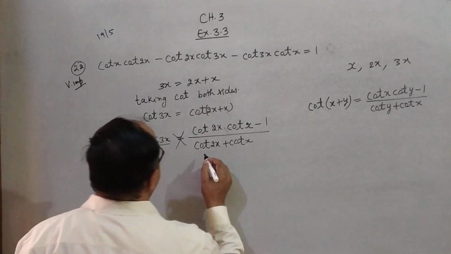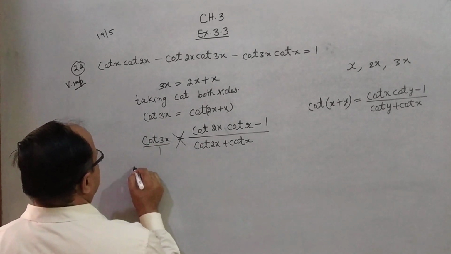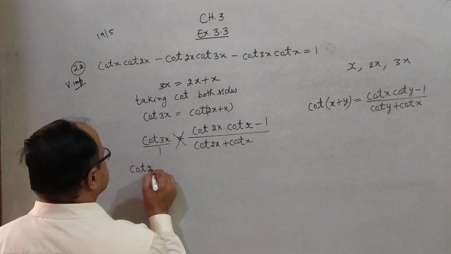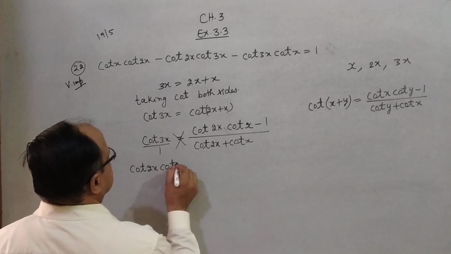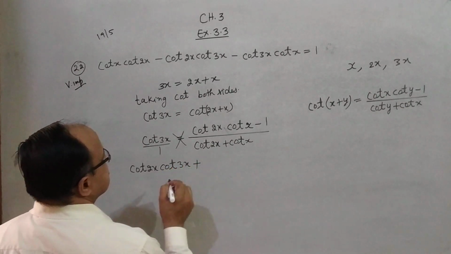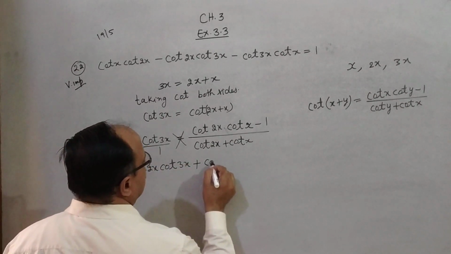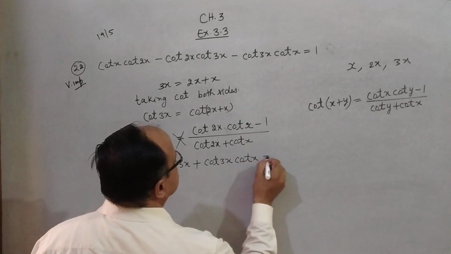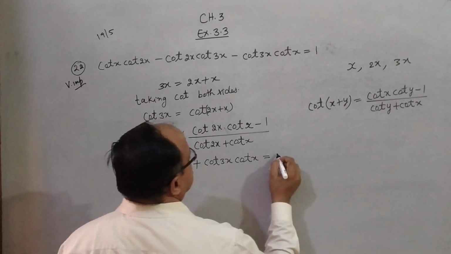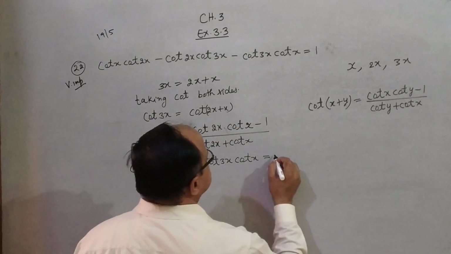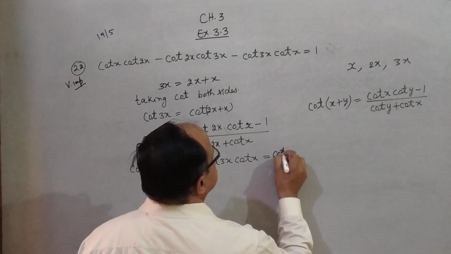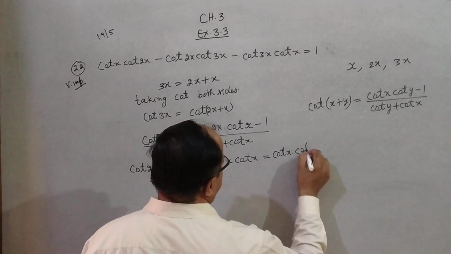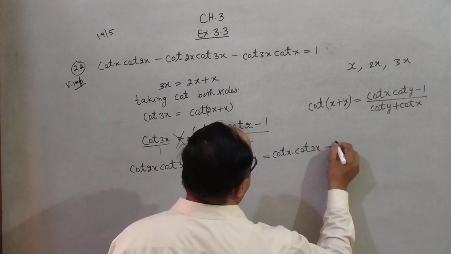Now cross multiply. That is cot 2x cot 3x plus cot 3x cot x is equal to the right hand side as it is, that is cot x cot 2x minus 1.